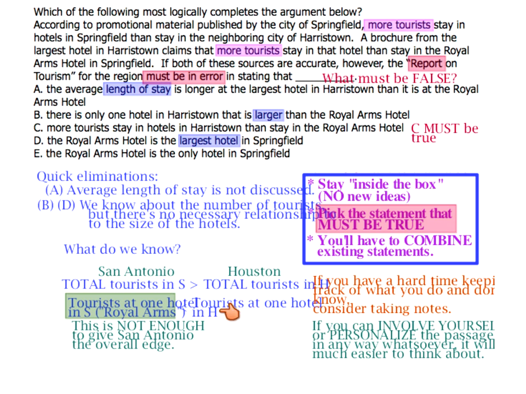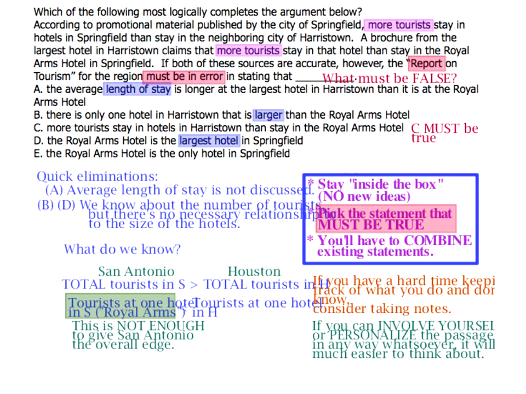If you think about this, there are already more of them in this one hotel in Houston than there are in the entire hotel in the Royal Arms. So that's just one hotel in Houston. So, of course, if you look at everybody in all of Houston, that's going to be even bigger, so to speak, because this is already enough. So C is something that must absolutely be true.